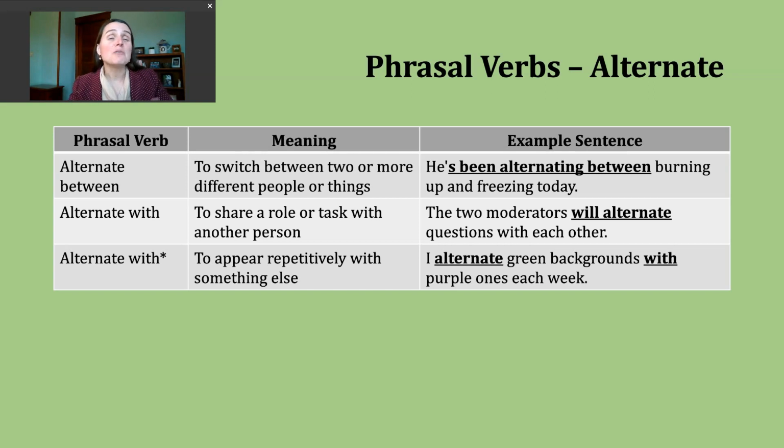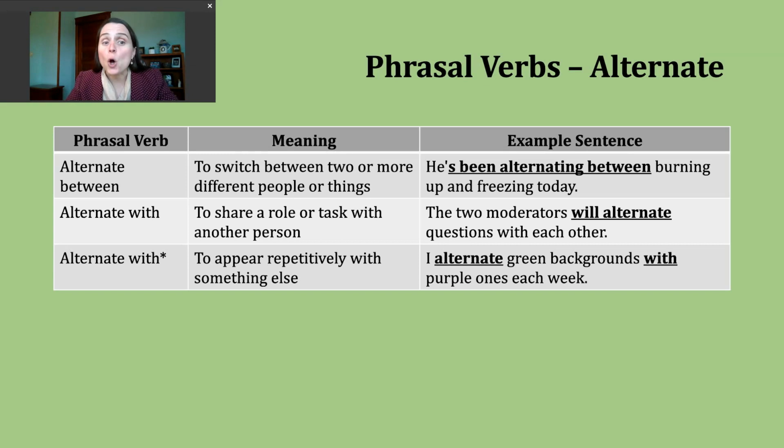You might see or hear the word moderator in connection to debates, where we have a person who's going to ask questions, watch time, and give everyone a chance to ask, but here we have two, right? So one moderator will ask a question, then the other will ask the second question, and they will go back and forth. So they're sharing that role or that responsibility.